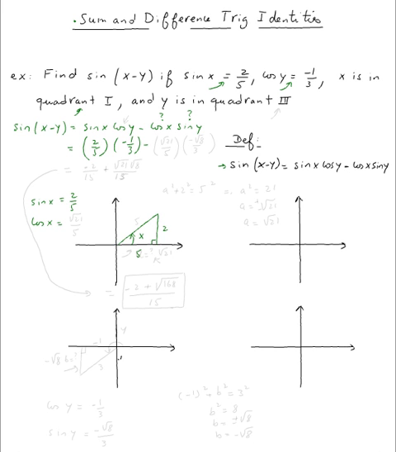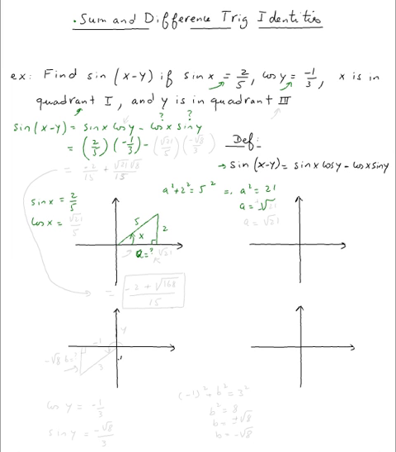Pretty easy. Sine x is 2 over 5, so this side is 2 and the hypotenuse is 5. Call the other side a, and let's find a. So a squared plus 2 squared is equal to 5 squared, which means a squared is equal to 25 minus 4, which is 21.